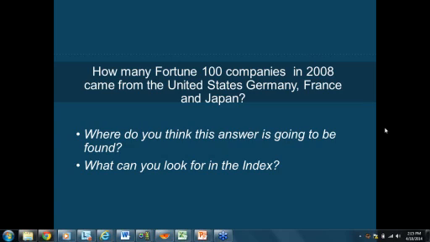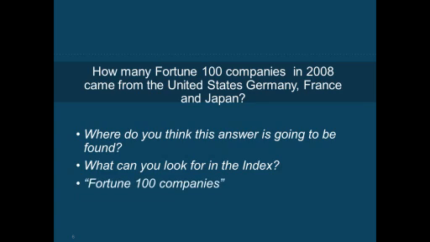Norma, you're absolutely right that we're going to be looking for the Fortune 100 companies. Each country themselves, United States, Germany, France, Japan, can be helpful. But since you're asking about all 4 of them, it's going to be a little bit more difficult to look at each one in the index.